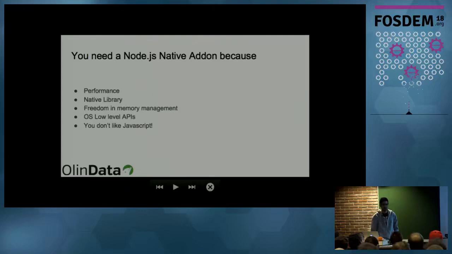For example, Ruby, Python, and then you write bindings for that library of yours. Or you want more freedom in memory management, or you might even want to use some low-level APIs in your application, and well, in Node.js you just can't without the proper binding. Or you don't even like JavaScript, but that's not a good reason.